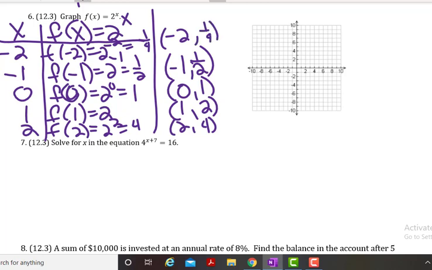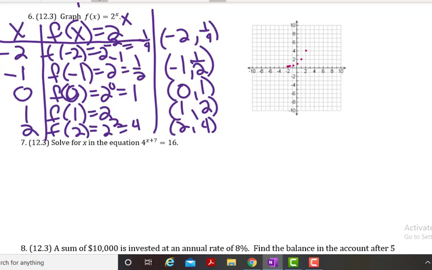In graphing them on the coordinate system provided, negative 2, 1/4 is going to be just right above the x-axis. Negative 1, 1/2 is going to be, again, above the x-axis, just between y being 0 and y being 1. Then we have the points 0, 1, 1, 2, and 2, 4.